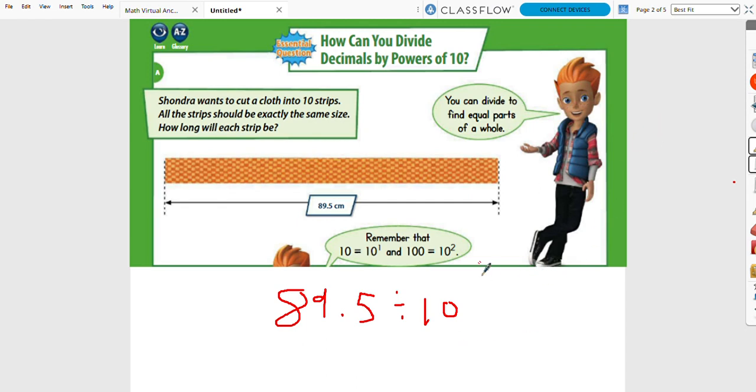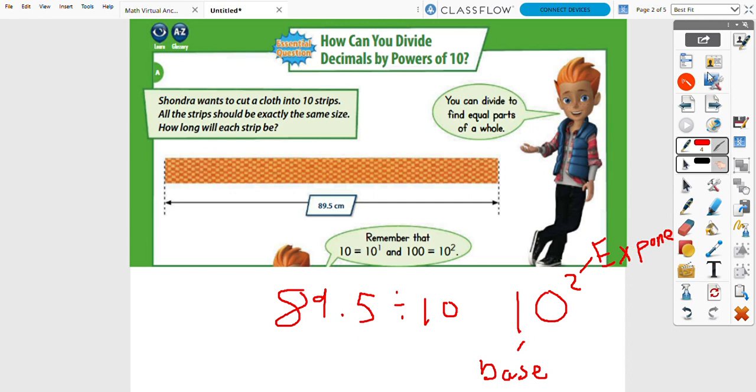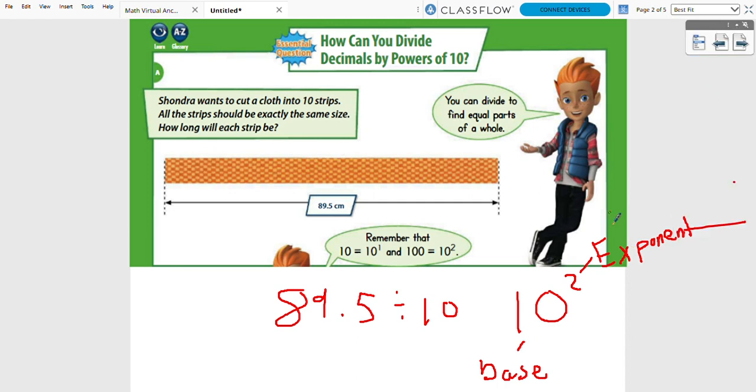A quick reminder about exponents is right here for you. Remember, when we have an exponent with 10 as the base, this is called the base, and the exponent is the little number here. What this is telling me is to multiply the base by itself as many times as that exponent.